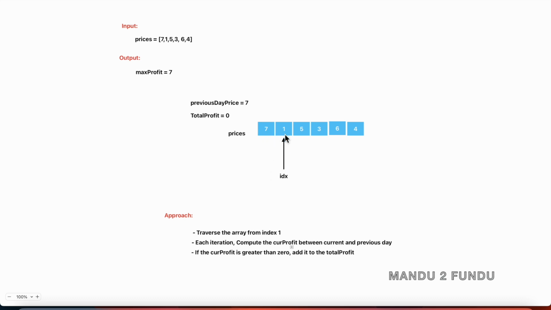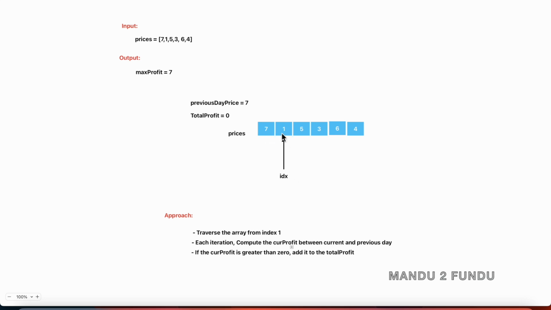So for example, we traverse the array starting from index 1 in the prices array, and in each iteration we compare the current price with the previous day price to determine whether, if we hold the stock which was bought yesterday, we can make a profit.